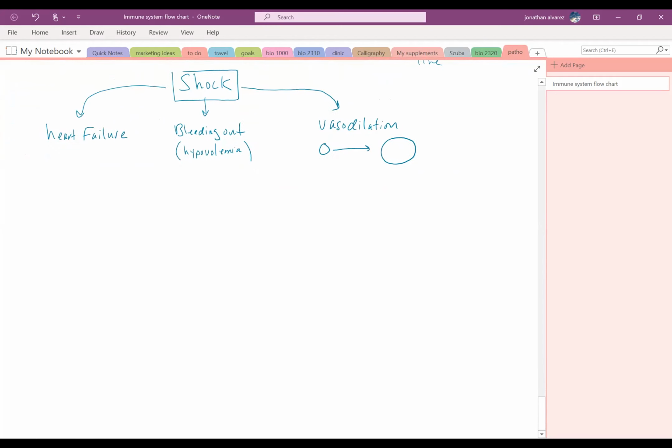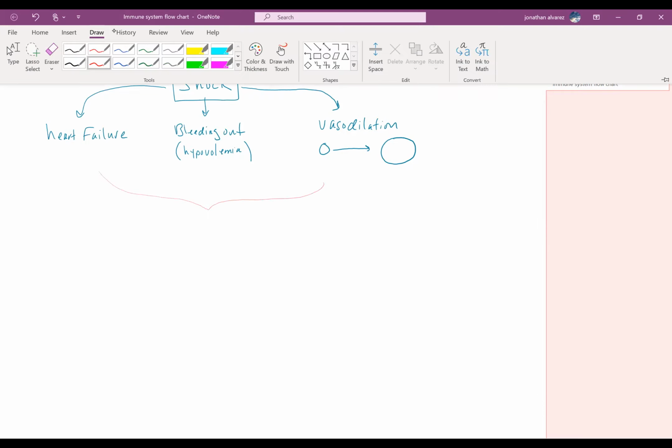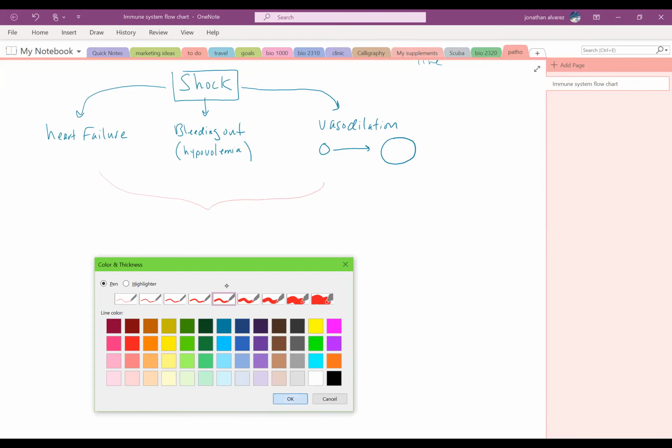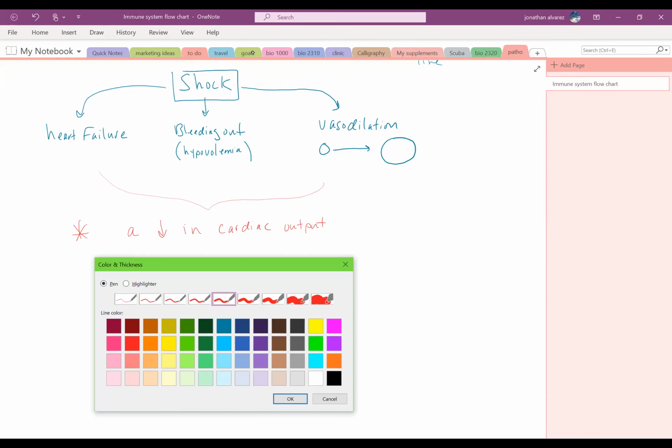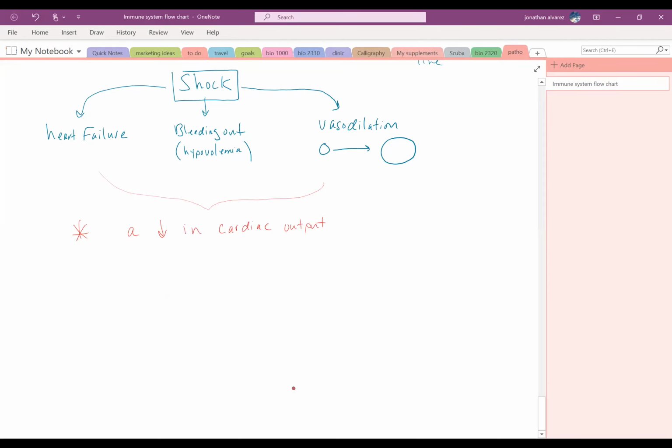All right, when these happen, okay, when all this happens, you're going to get a pretty significant decrease in cardiac output. Okay, so this becomes part of the key here. So this decrease in cardiac output.